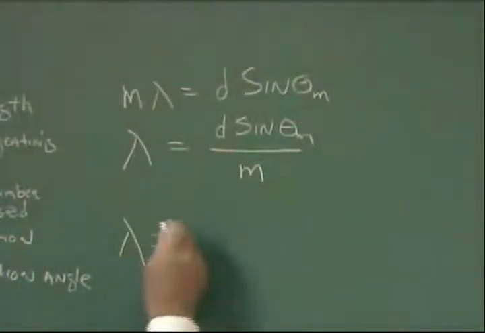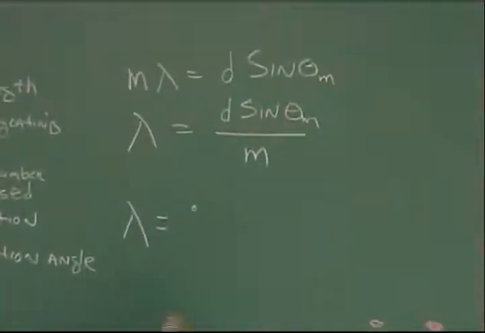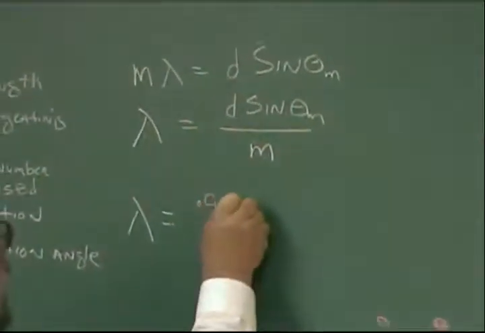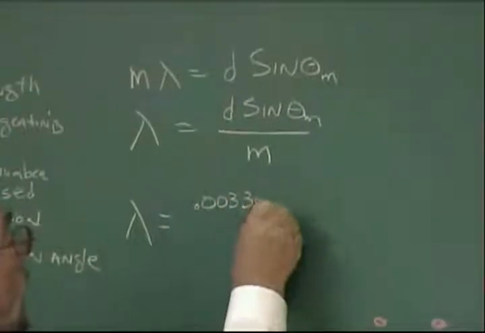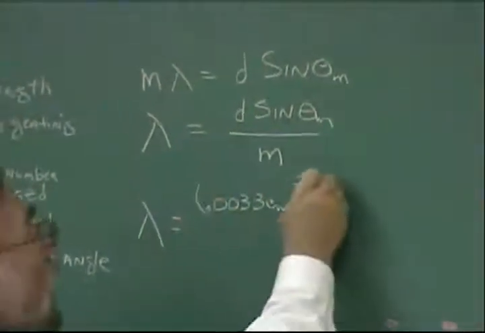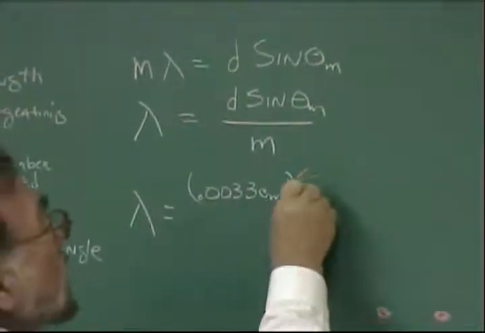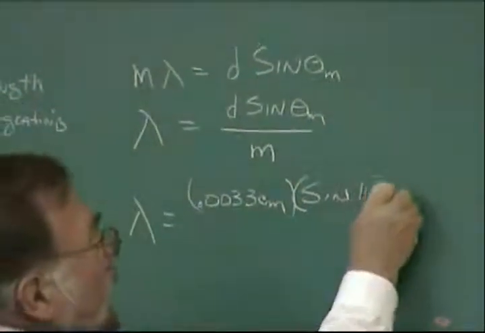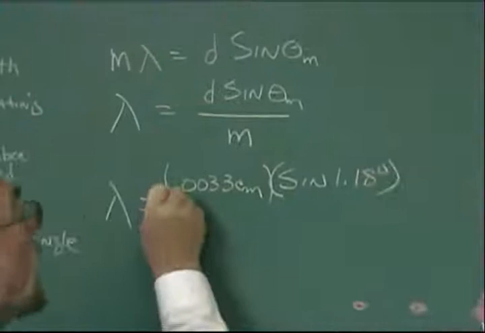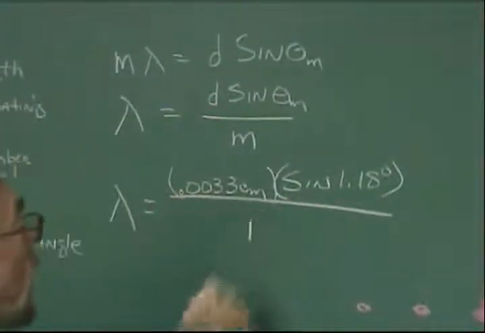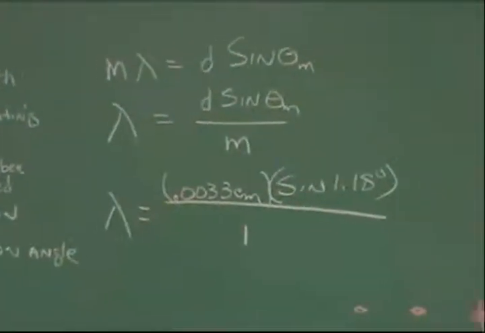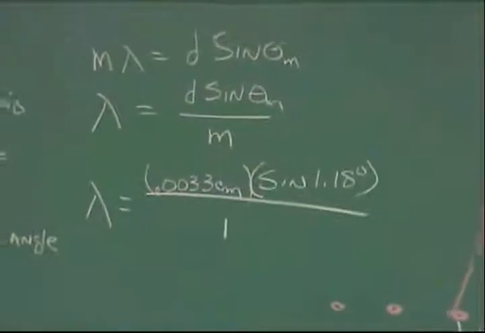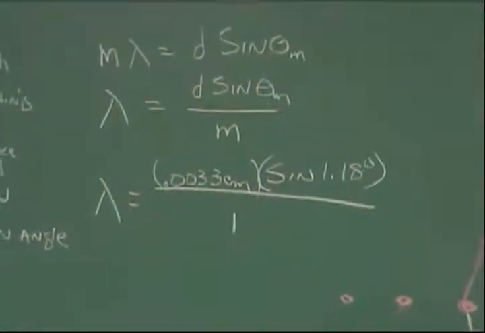So let's put these numbers in. We know this to be 0.0033 centimeters. We know the angle is 1.18 degrees. Okay. And we know that the order is 1. All right, if we put this into our calculator, and let's do that.